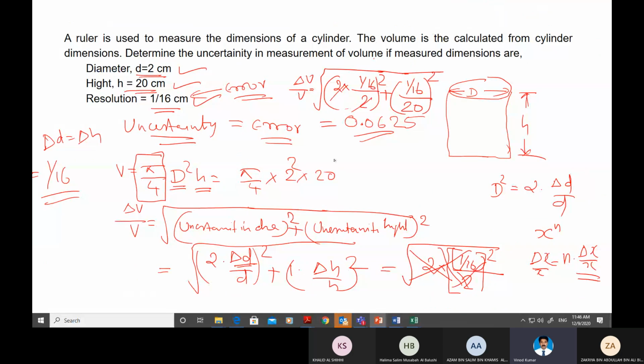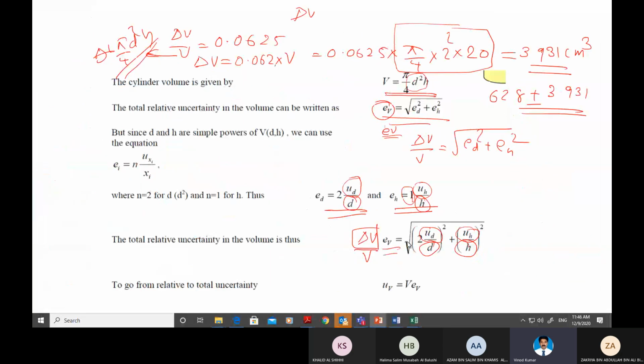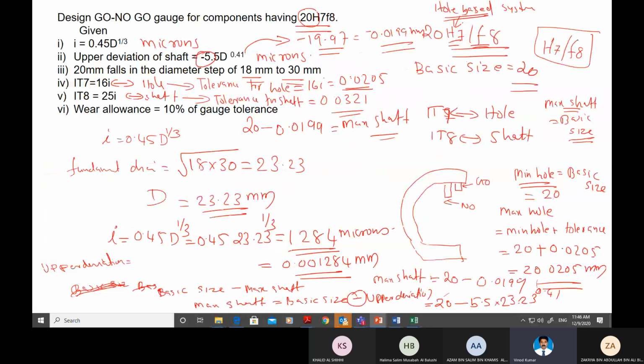Once you get the maximum shaft, you can calculate the minimum shaft. How to calculate the minimum shaft? Minimum shaft is equal to maximum shaft minus tolerance.